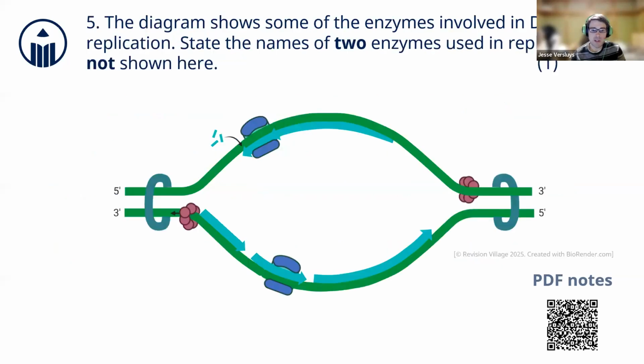Okay, the diagram shows some of the enzymes involved in DNA replication. State the names of 2 enzymes used in replication not shown here. So we've got a couple of enzymes on this diagram. Which ones are not present? You have to name 2 again.